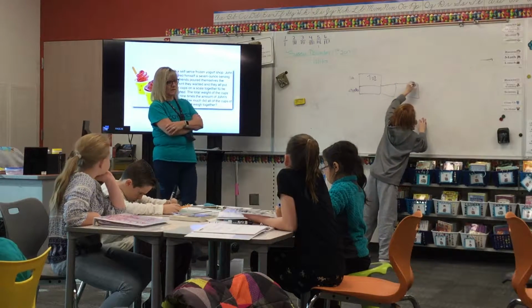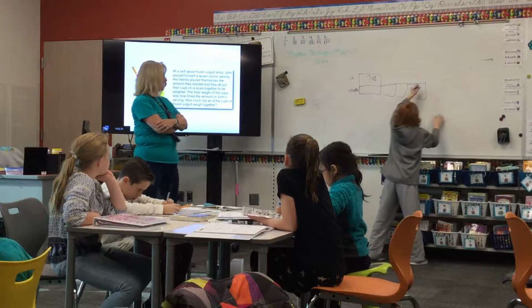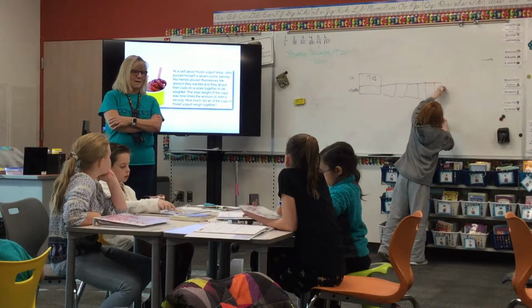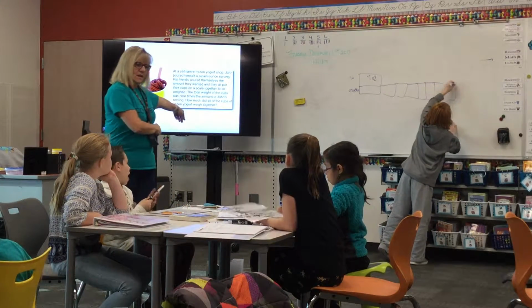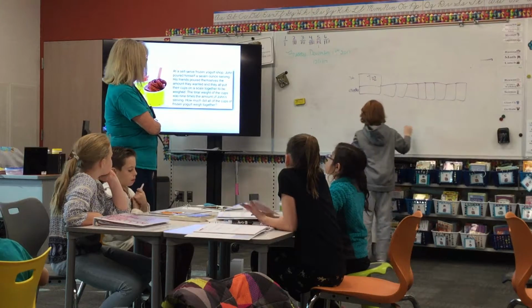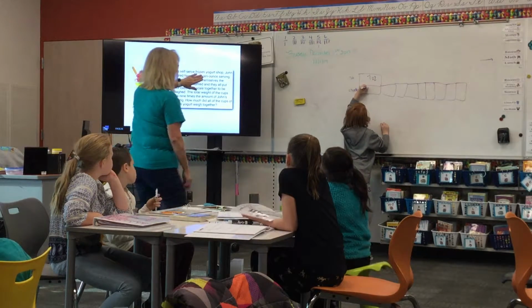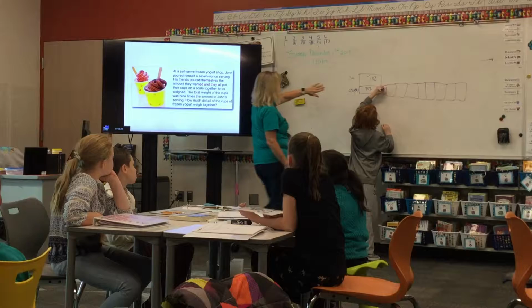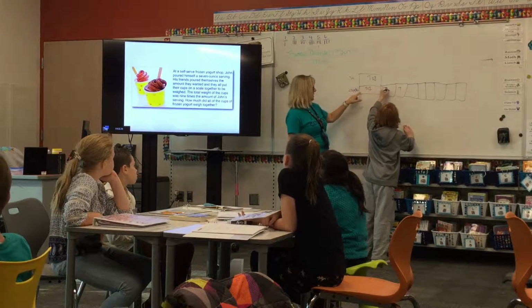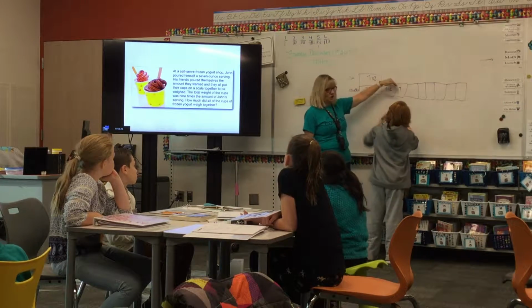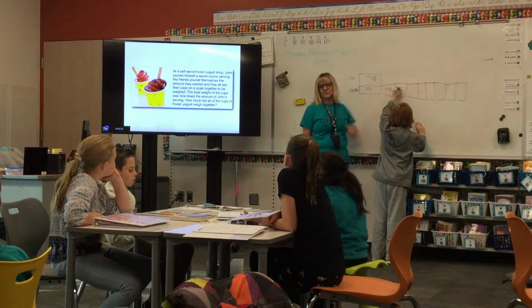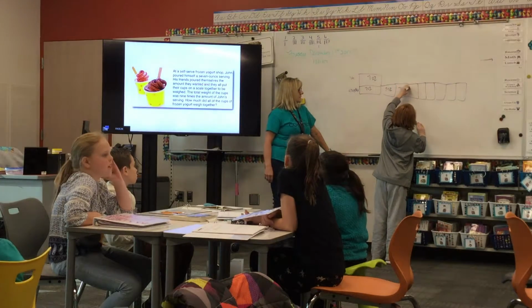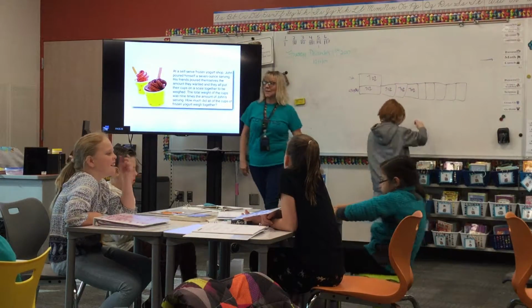So he knows that altogether the friends weighed 9 times more. Leilani. So he knows that the friends were 9 times as much. So then he draws 9 bars with 7 in because it was 9 times as much. I really like that he's labeling.